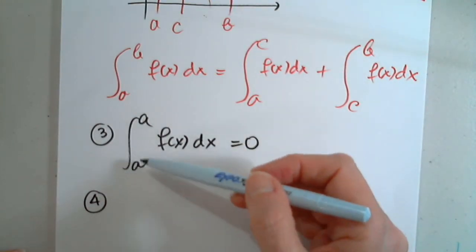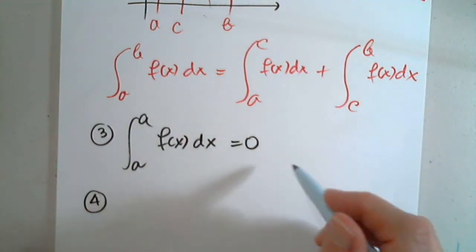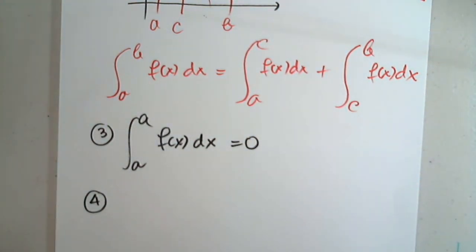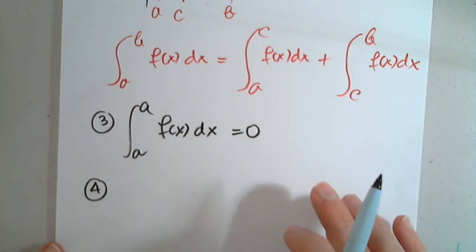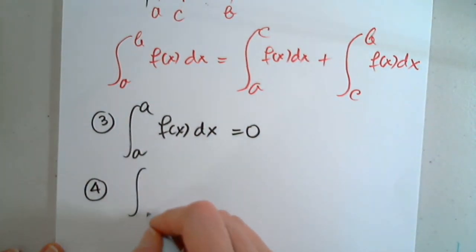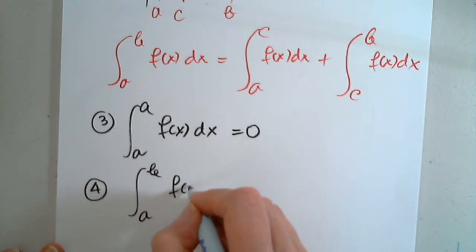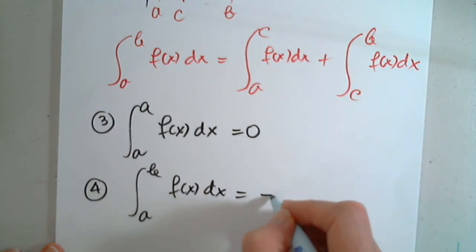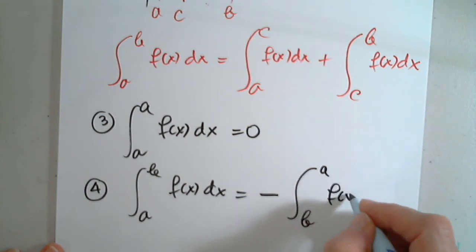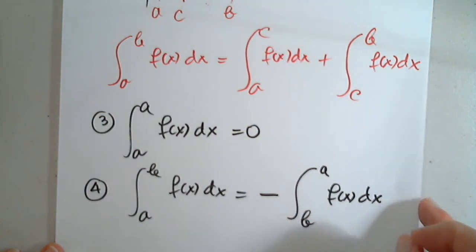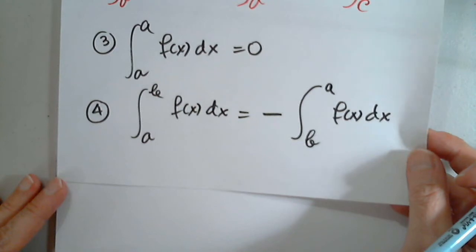So the integral from 1 to 1, there is no width. It's a 0 width. In other words, dx is 0. Very good. The integral from a to b from f of x dx is the opposite of the integral from b to a from f of x dx. That's another property.